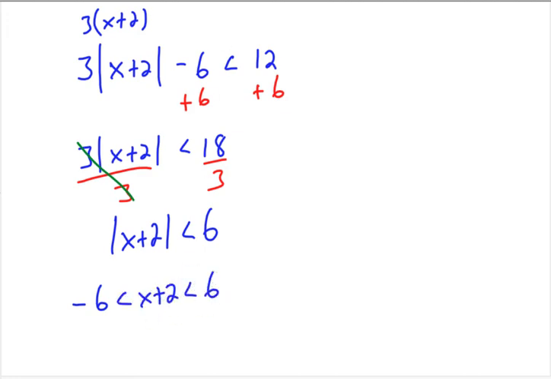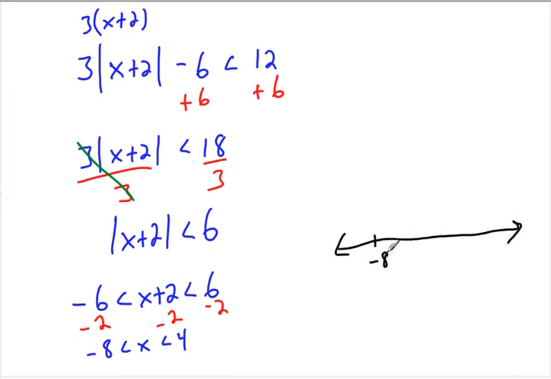And now we subtract 2 from both sides, or all three sides in this case, and we end up with negative 8 is less than x, which is less than 4. And to graph it, we have a negative 8, we got a 4, we got some open circles, and we graph in between, and that is it for graphing inequalities.